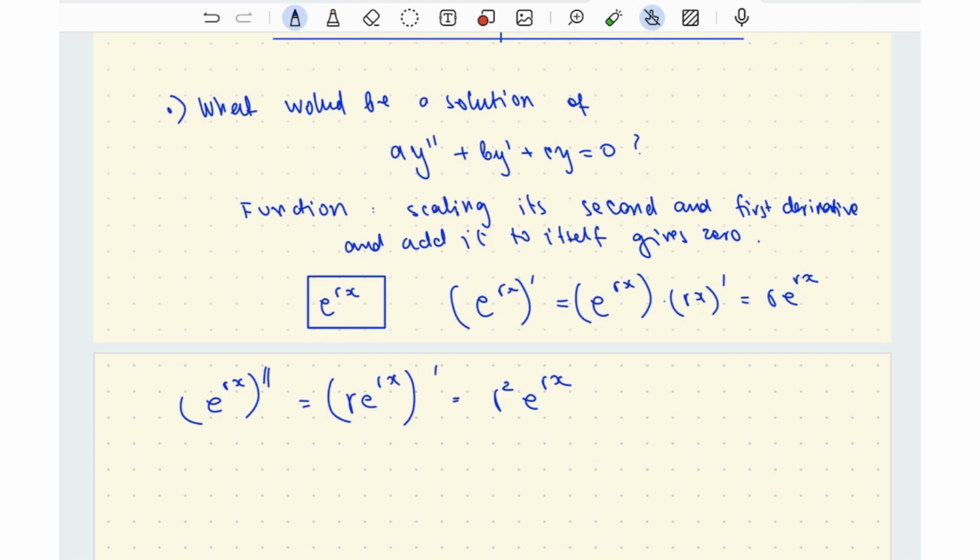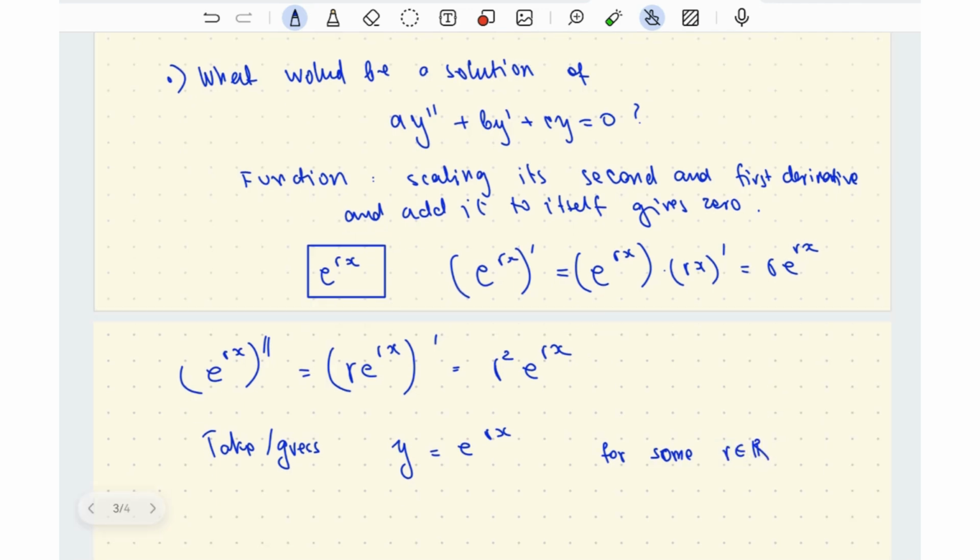So if we take, or guess, that y is e to the power rx for some real number r, of course different from 0, because 0 just will not make it interesting.